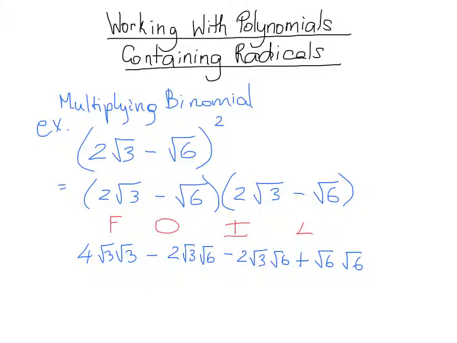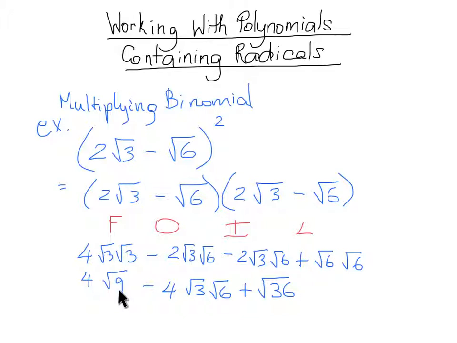This has a way to go before it's fully simplified. So that's 4 root 9 minus, now notice we have like radicals here, so that is minus 4 root 3 root 6, plus root 36. We can still go a little further.